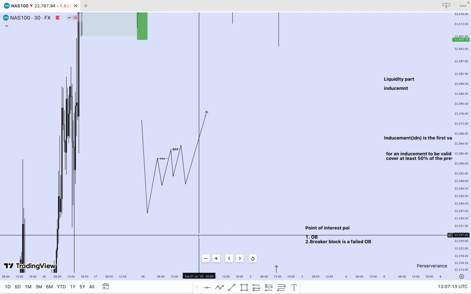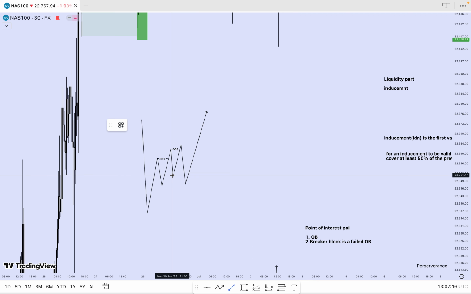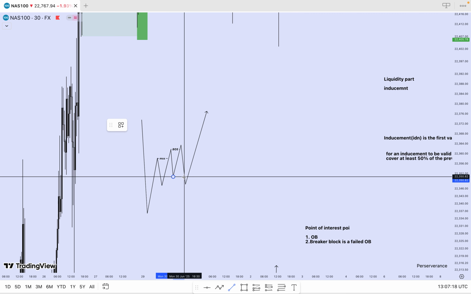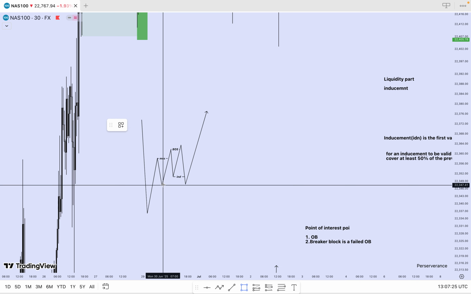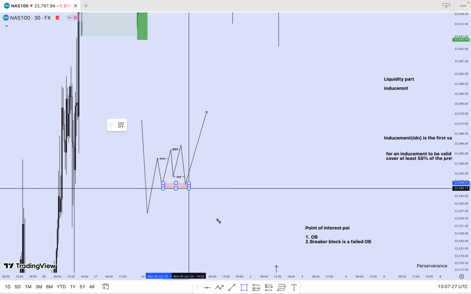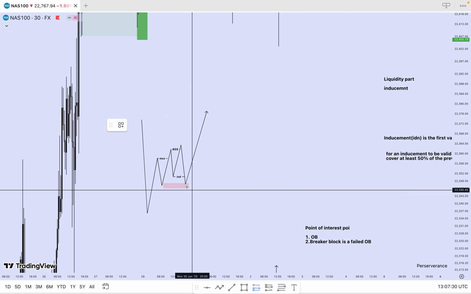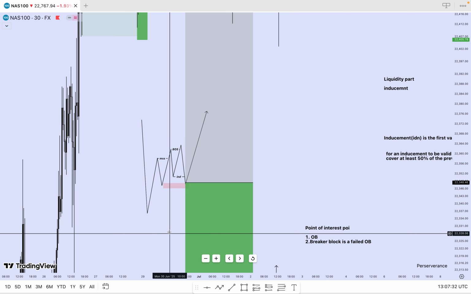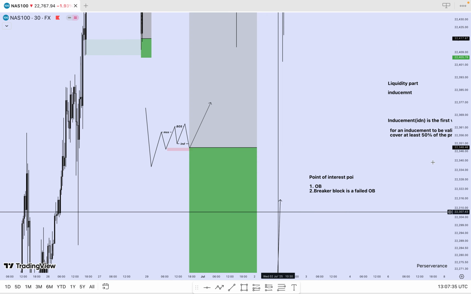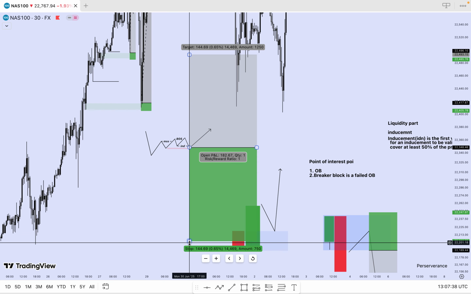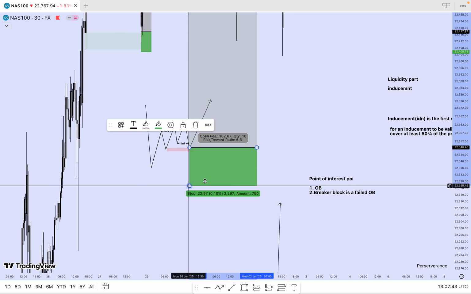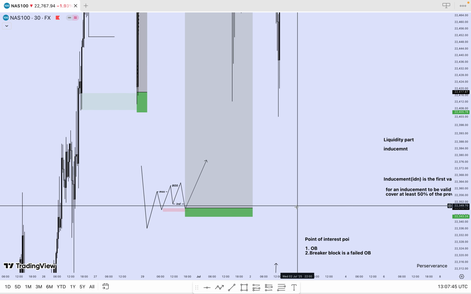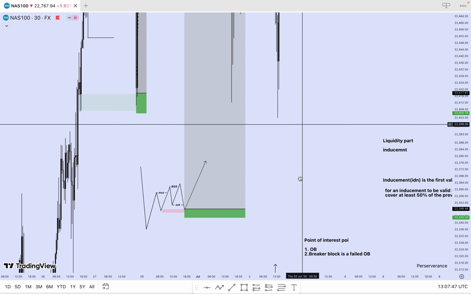Market structure shift. You have your inducement, market structure shift. Then you have your order block or breaker block. You place for a buy position.